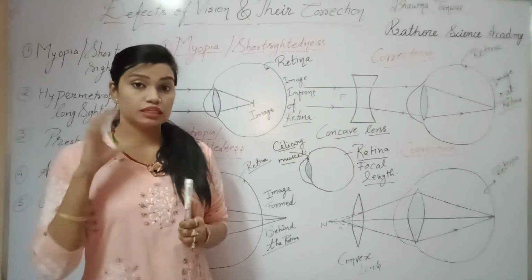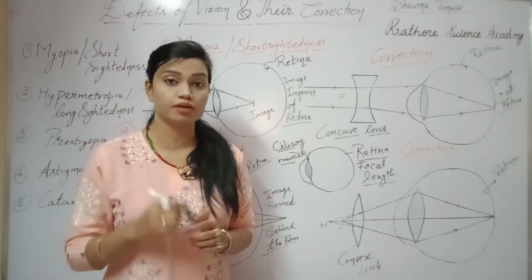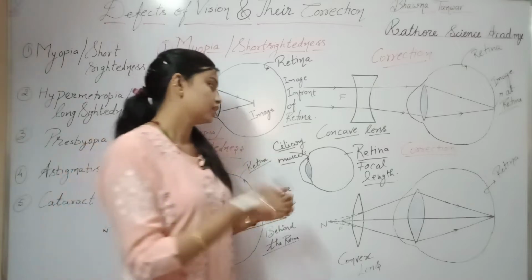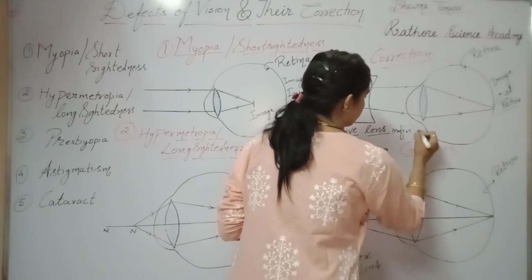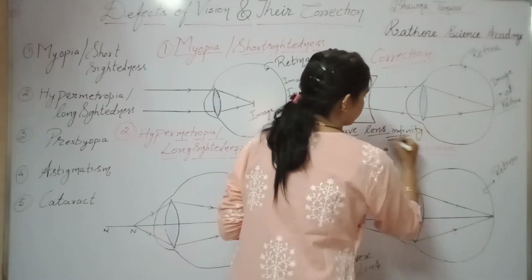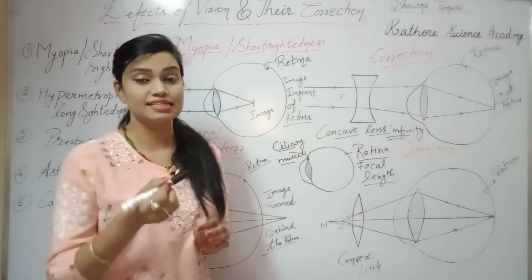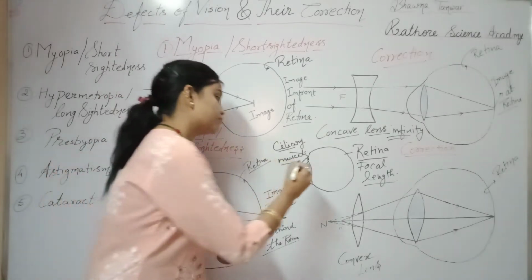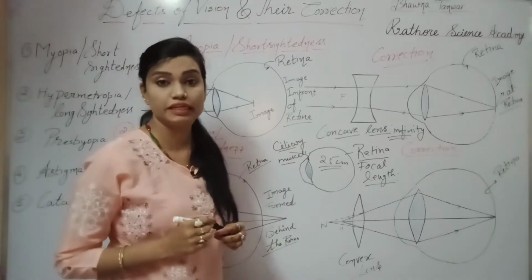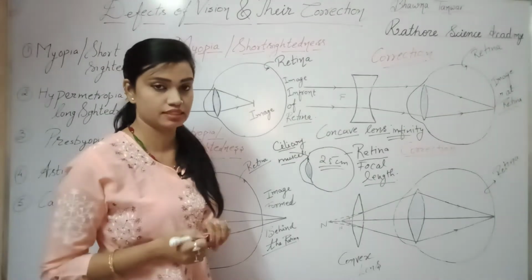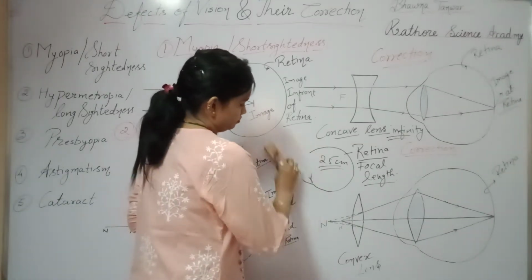So listen guys, these two things you have to remember. The far point, the maximum point up to which I can see, is infinity. And the nearer point up to which I can see is 25 centimeter, the near point of our eyes.